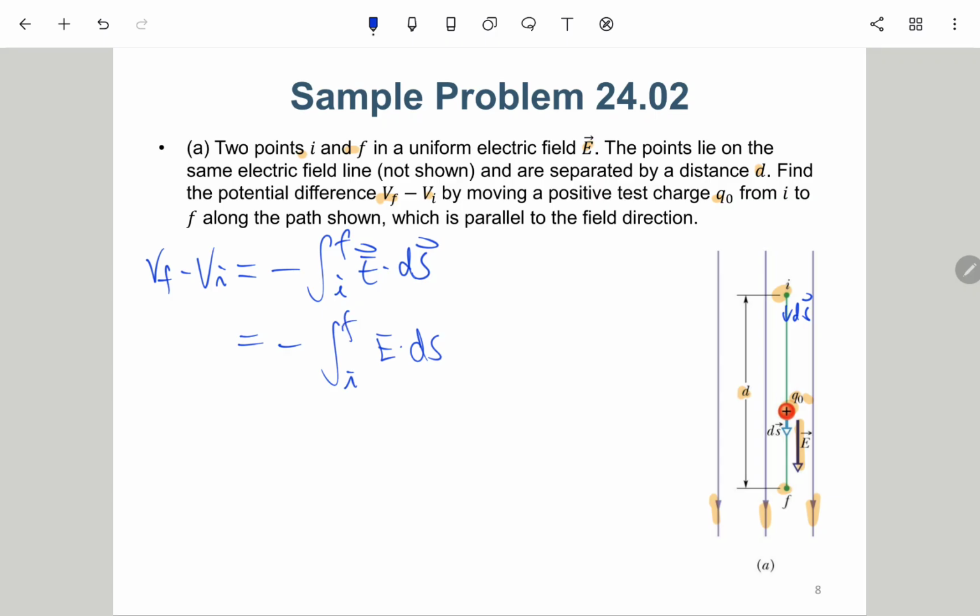E is a constant, so integrating is like a multiplication: E times the length from I to F, which is d. This is very simple.